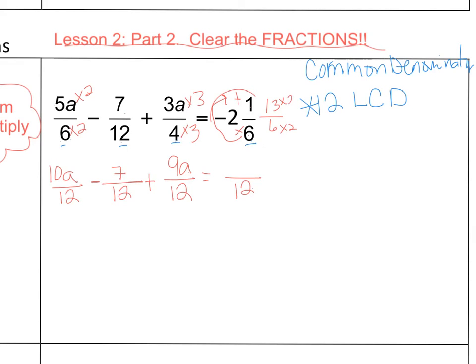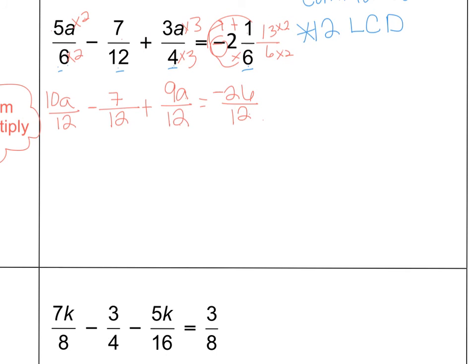So 13 times 2 is 26. Okay, and it is negative, so the whole term is just negative. Okay, hopefully I didn't lose you on that. I had to make it improper and then go to my LCD. Okay, it was a little bit of work, but now I have a common denominator.